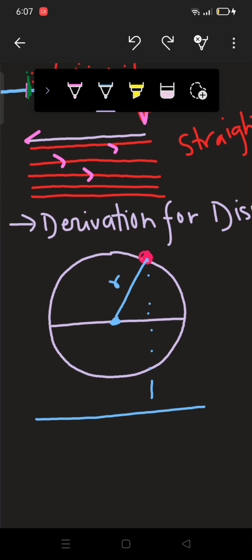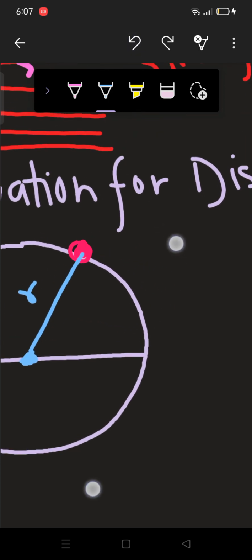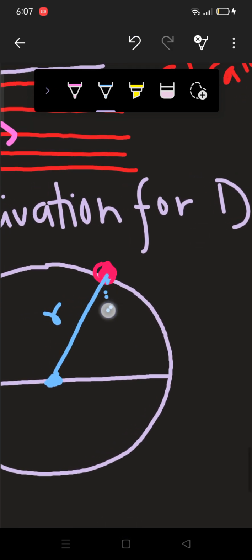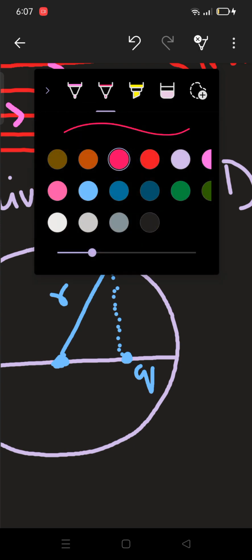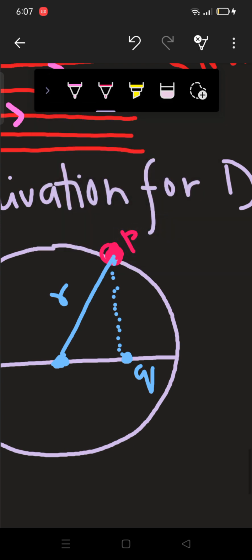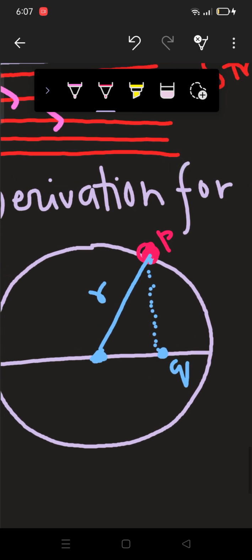So now my projection would be on the radius, which means my projection would be here. This is Q point, since this is the projection, and this is P point, since this is the particle, and this is of course R, the radius.